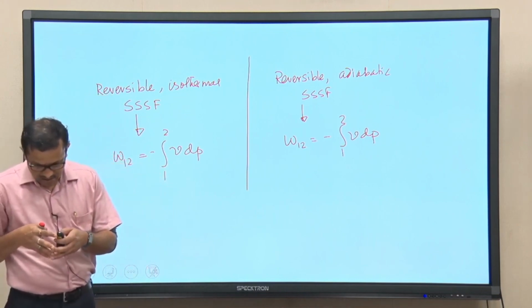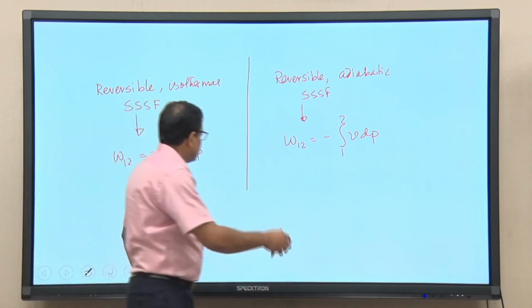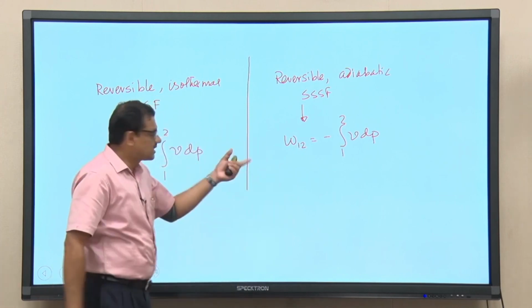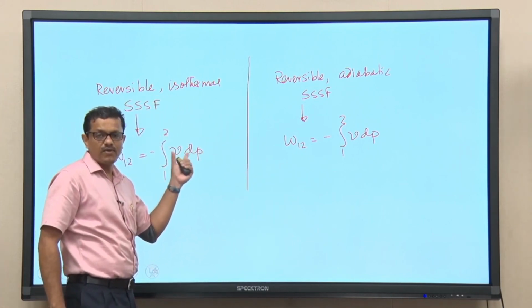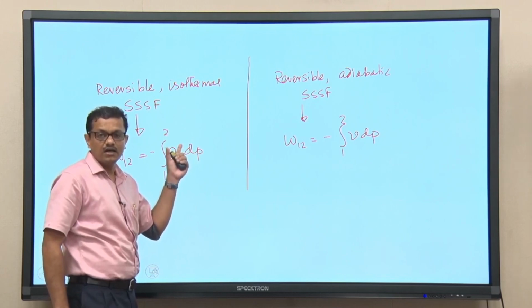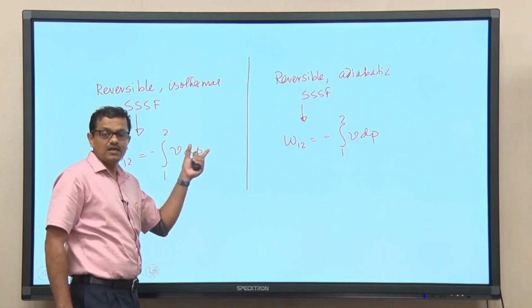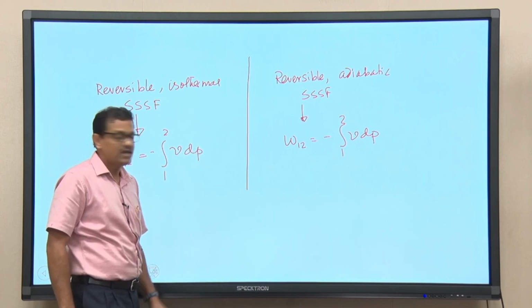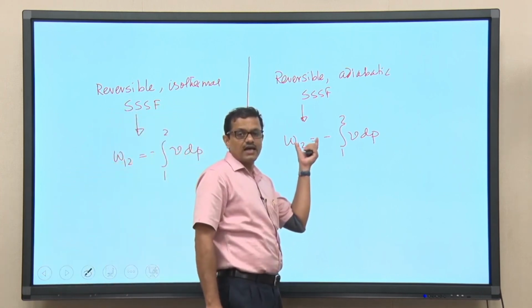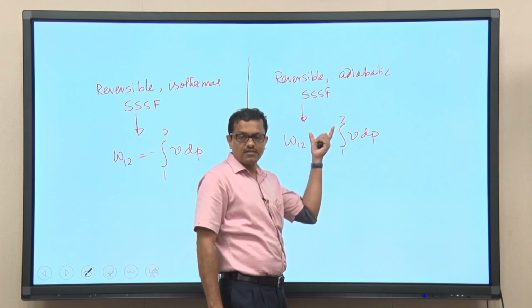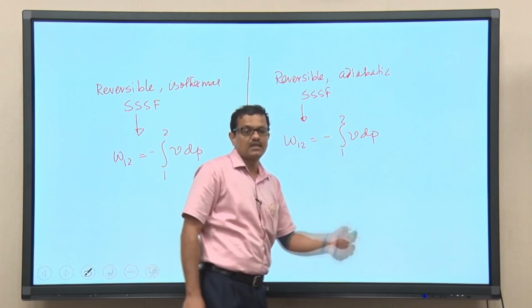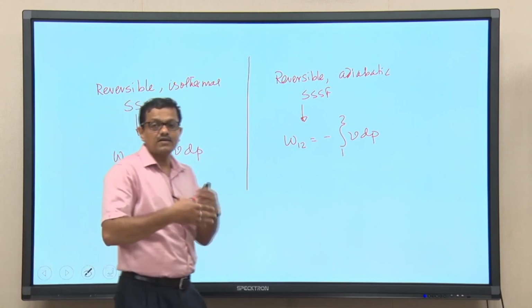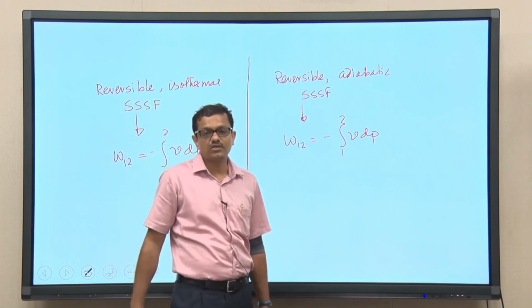The outcome of today's exercise is that the expression is the same no matter whether the process is adiabatic or isothermal: the expression of work done for the reversible steady state steady flow process is minus integral 1 to 2 VdP. Why? The conclusion is that any such process can be reduced to a series of alternate reversible adiabatic and reversible isothermal processes.